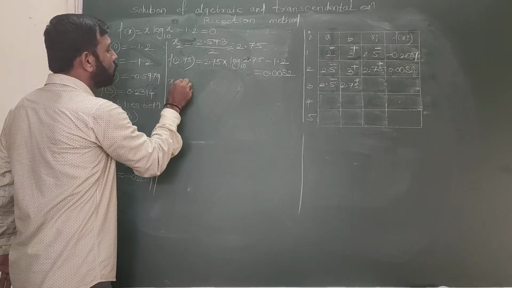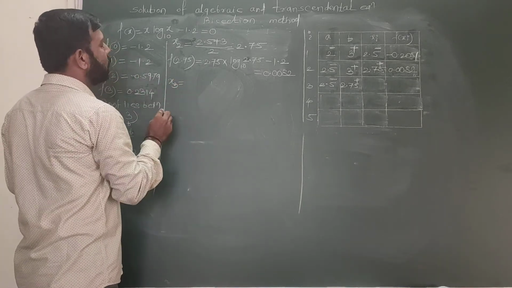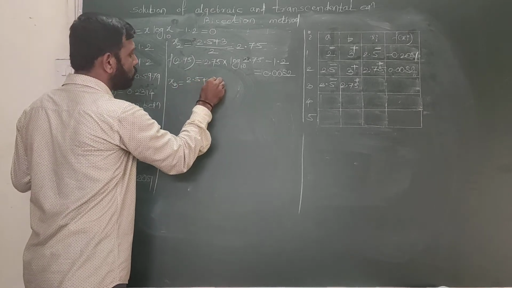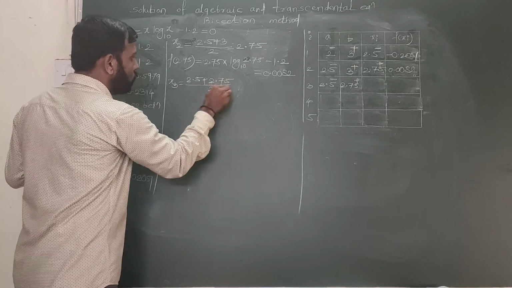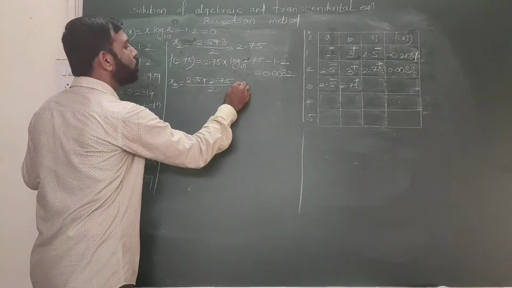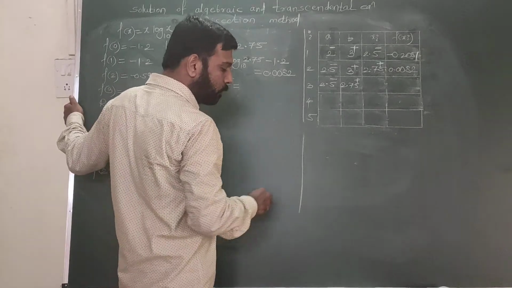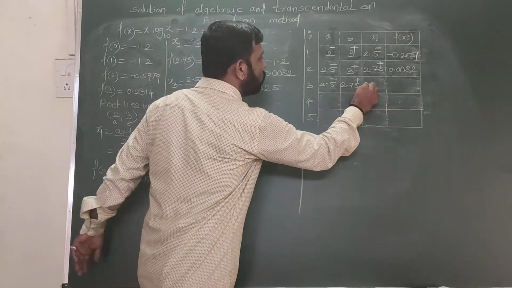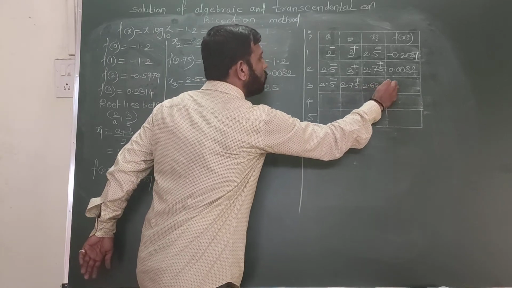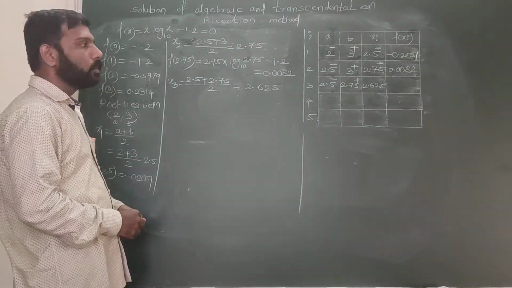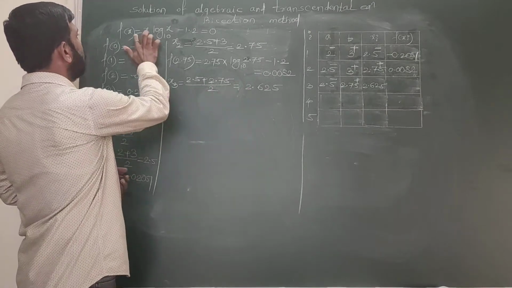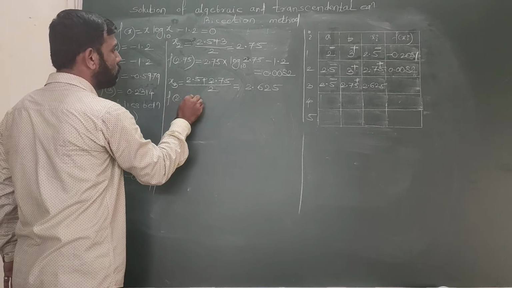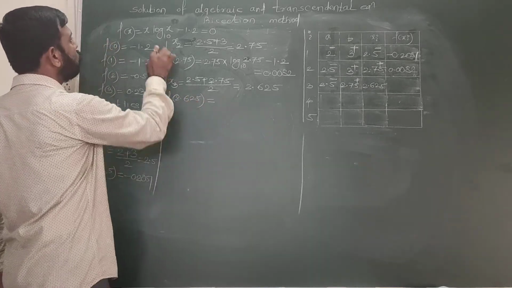We calculate the third approximation, x3, equal to 2.5 plus 2.75 upon 2, which is 2.625. Again put this value in the function f of 2.625.